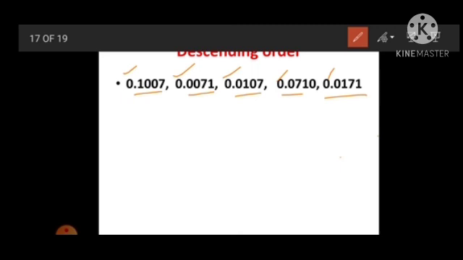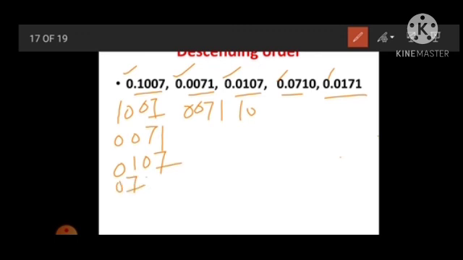Now after the decimal point here 1007, 0071, 0107, 0710 and 0171.